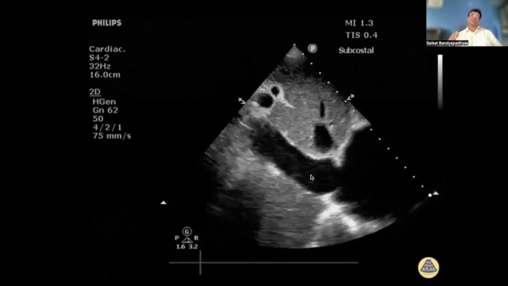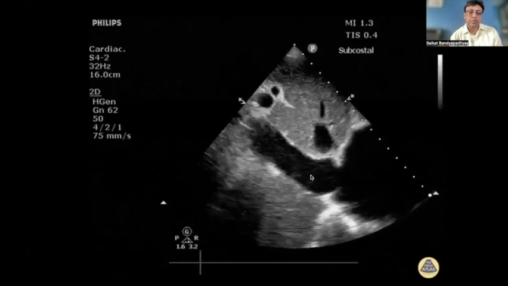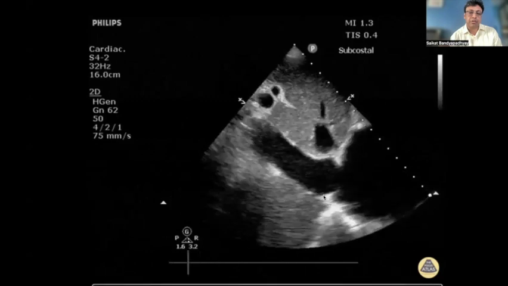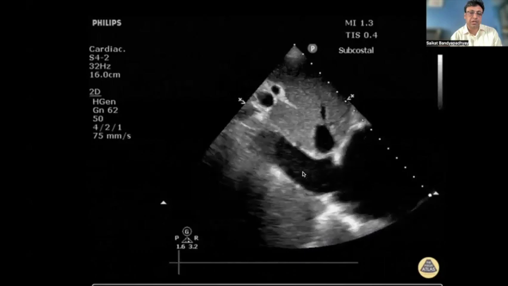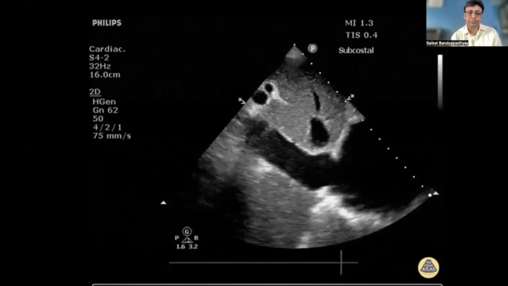You're in the same position where you got the subcostal view of the heart, and then you tilted the probe with the marker perpendicular to the patient's chin, and by doing that, you open up the IVC. So this is a hepatic vein, this is IVC entering the right atrium. So a very good place to measure the IVC diameter. And you can also do a pulse wave Doppler of the hepatic vein for a VEXUS scan from here.